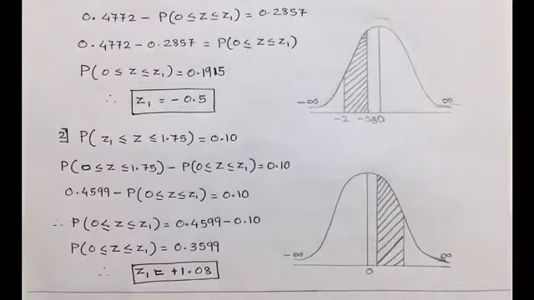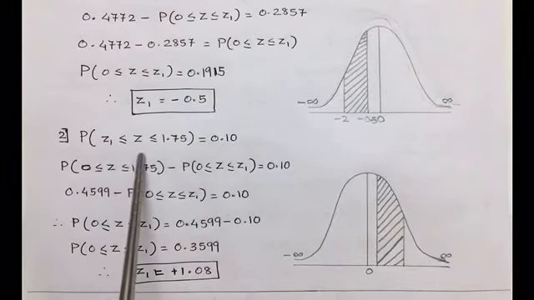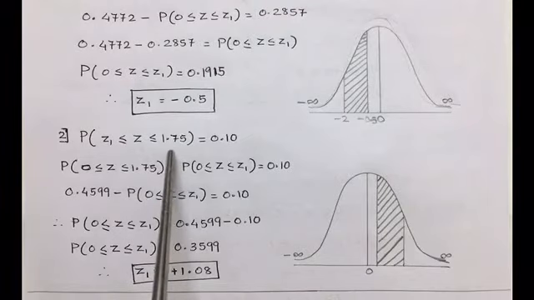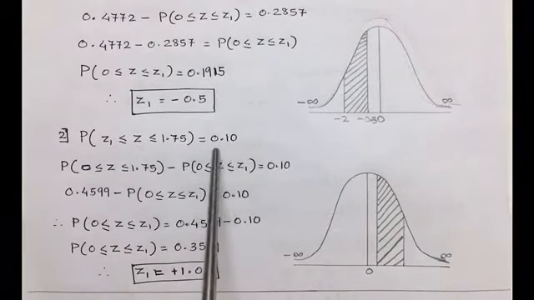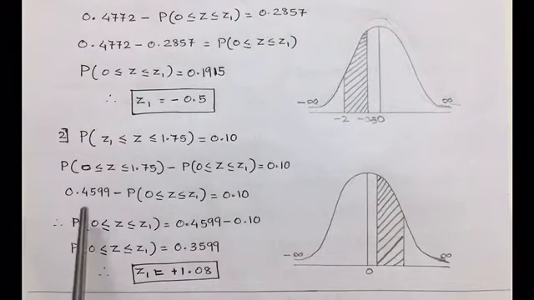Second part of question number 9, it is given as Z1 is less than or equal to Z less than or equal to 1.75 and the area is 0.10.